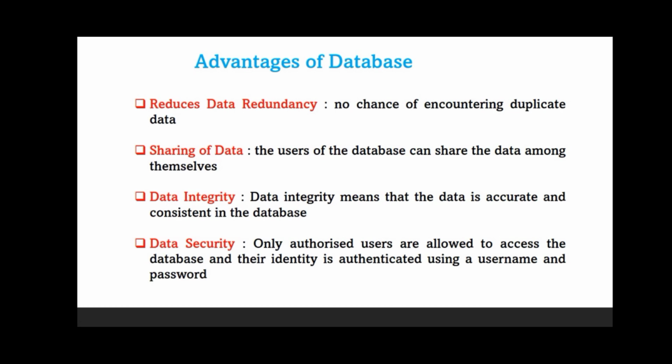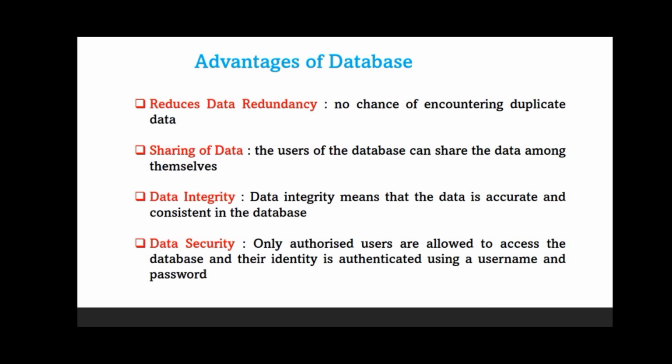Then sharing of data. The users of the database can share data among themselves. Data integrity is the third advantage. Data integrity means data is accurate and consistent in the database. That means if one transaction occurs in some place, that will affect all places.